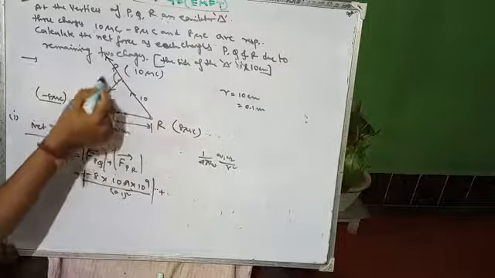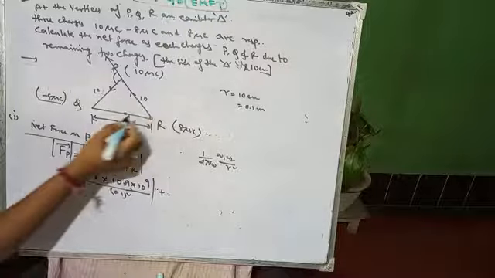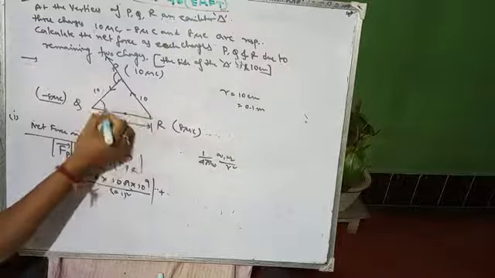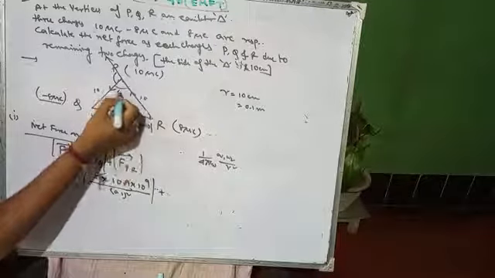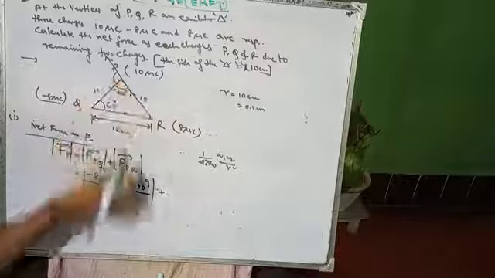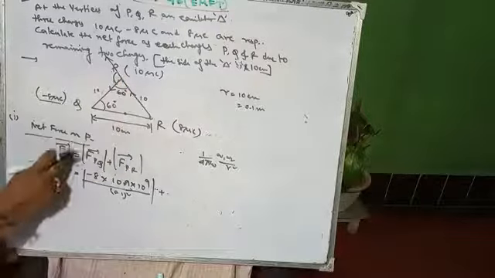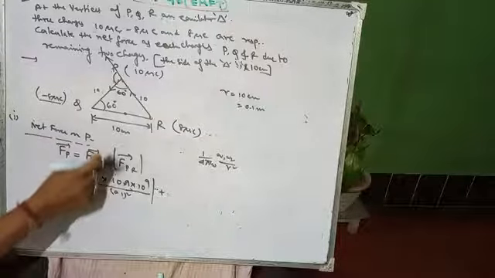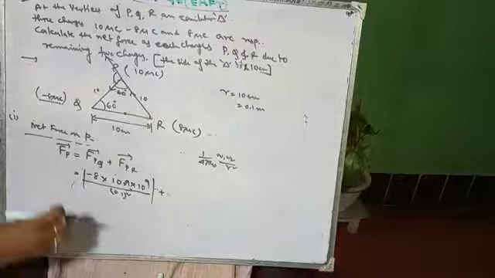What is the angle between them? If it is an equilateral triangle, it is 60 degree, so this is 60 degree, this is 60 degree. So it will be 120 degree, right? So your FPQ, if we want to find directly in vector form, then you can get the result like so.